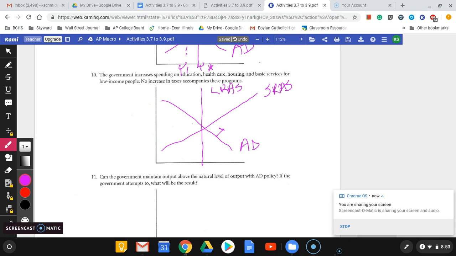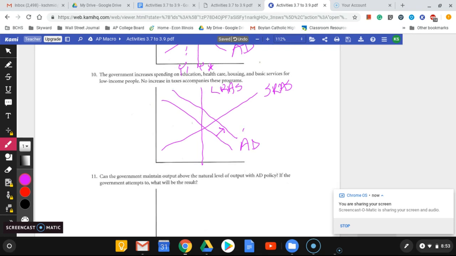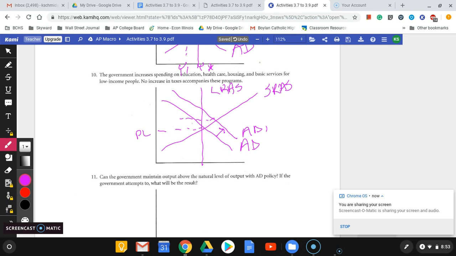So you know that government spending is part of aggregate demand. So aggregate demand is going to shift to the right. Here's where our original price level is. It's shifted, so we have inflation as shown by PL1. So we started here, and now we are over here.